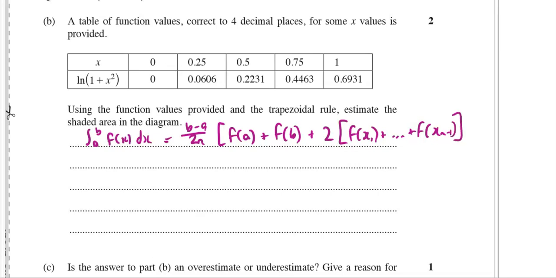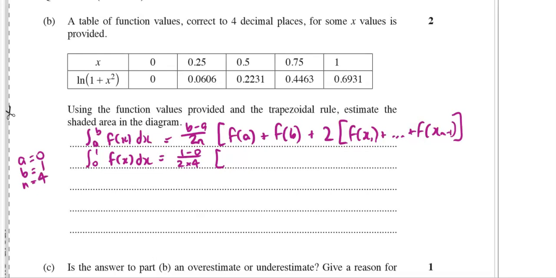Okay, so let's work that out for this one. Let's do a equals 0 and b equals 1. So this is just finding the right-hand side of the area under that curve. So it's 1 minus 0 on 2 times 4, because we notice that n equals 4.